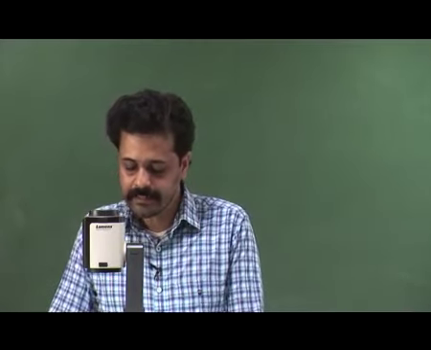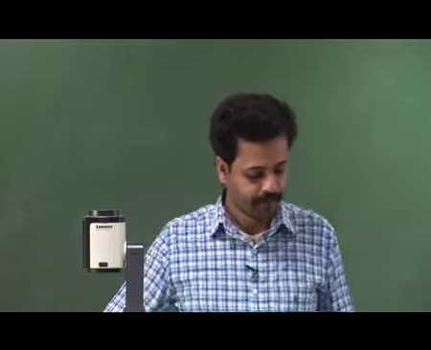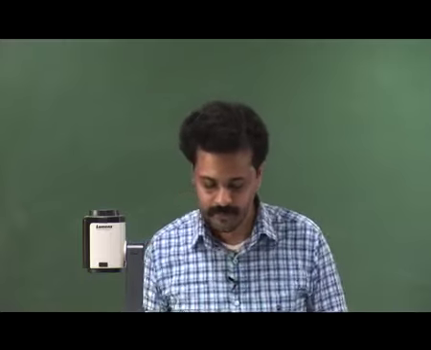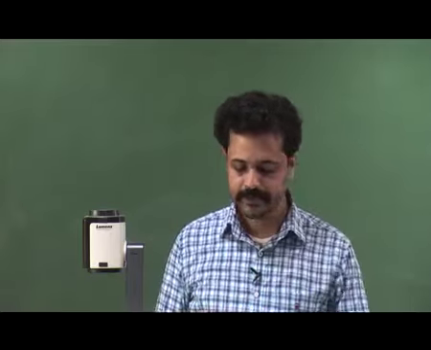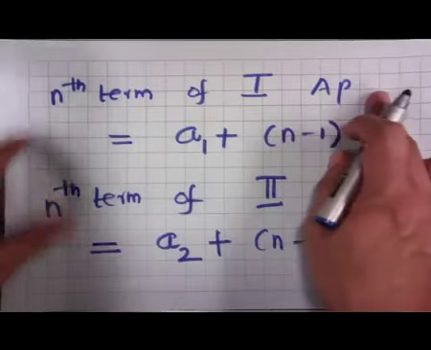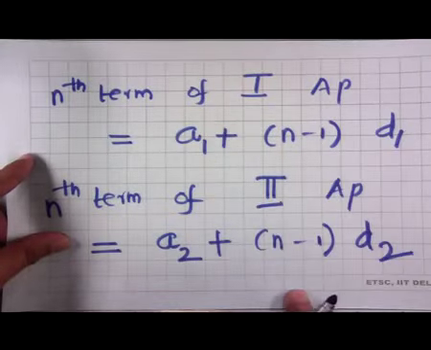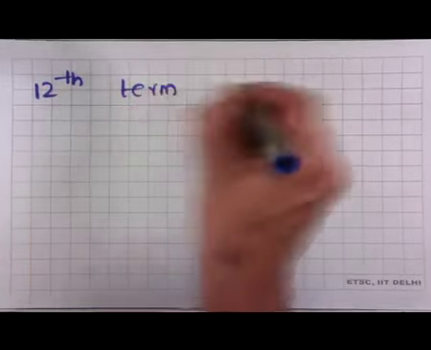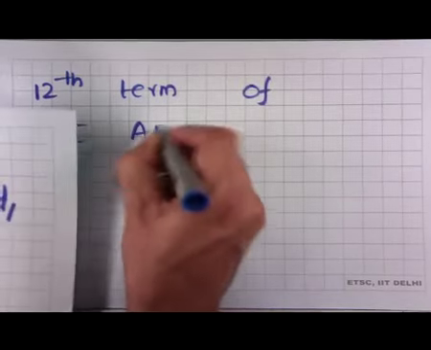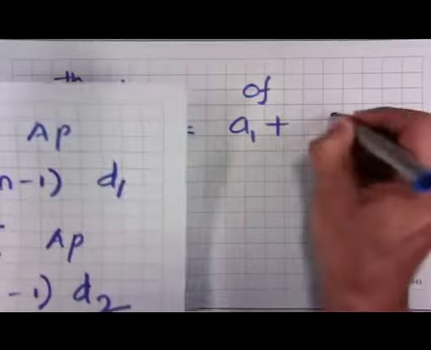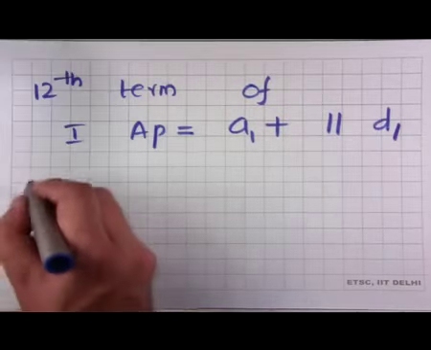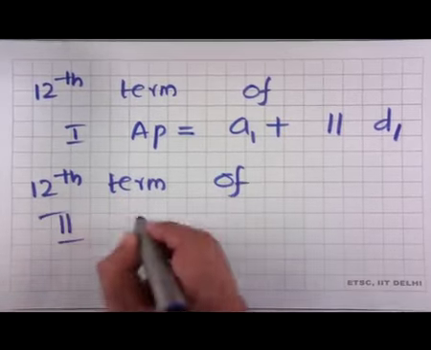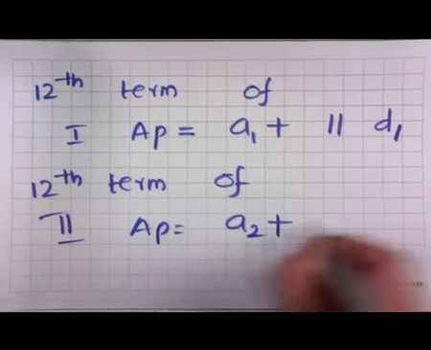However, let us see what the question is. The question is about finding the ratio of the 12th terms. Remember, we have a formula for the nth term of the first AP and the nth term of the second AP. Therefore, the 12th term of the first AP will be a1 plus 11 into d1 and the 12th term of the second AP will be a2 plus 11 into d2.